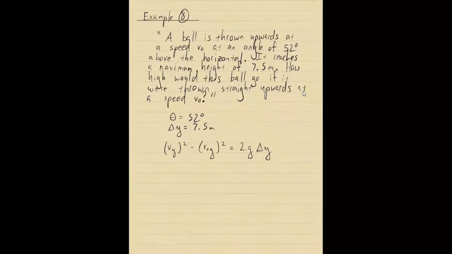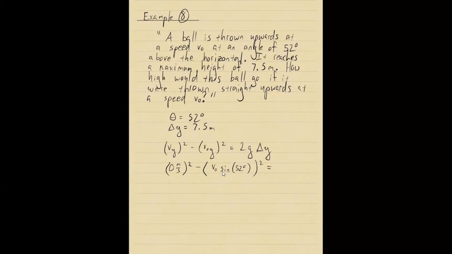Now at max height, the y component of our velocity should be 0. So we have 0 meters per second squared minus the y component of our initial velocity vector squared. But remember that the y component of our initial velocity, we can get by the magnitude times sine of 52 degrees, squared.